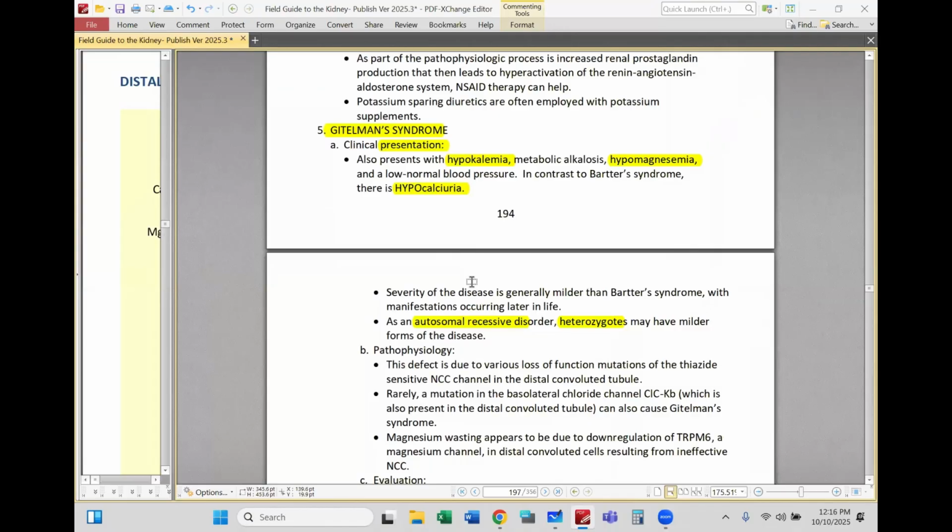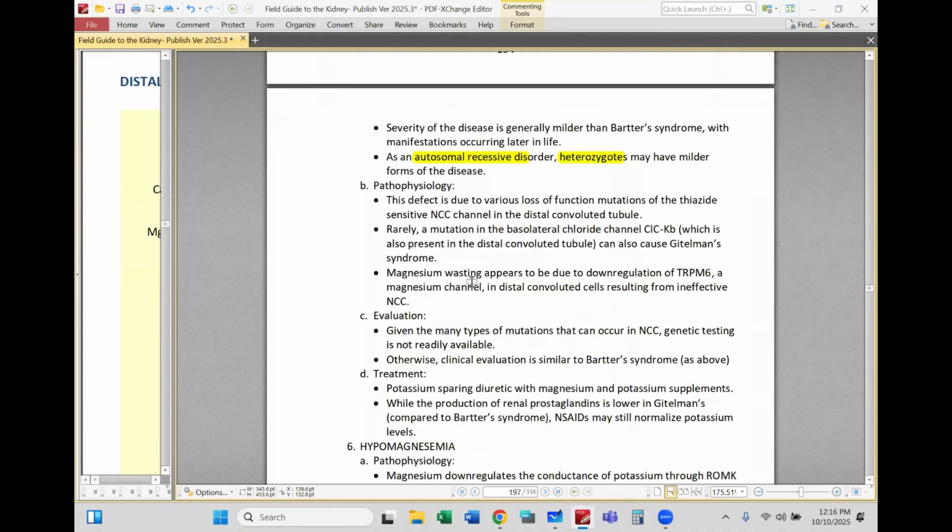So again, the take home that I want you to digest is magnesium deficiency is more severe and more common, consistent in Gitelman syndrome, okay? Even though it doesn't intuitively make sense. All right, so we've talked about pathophysiology really being grounded around NCC. I don't need to belabor that.